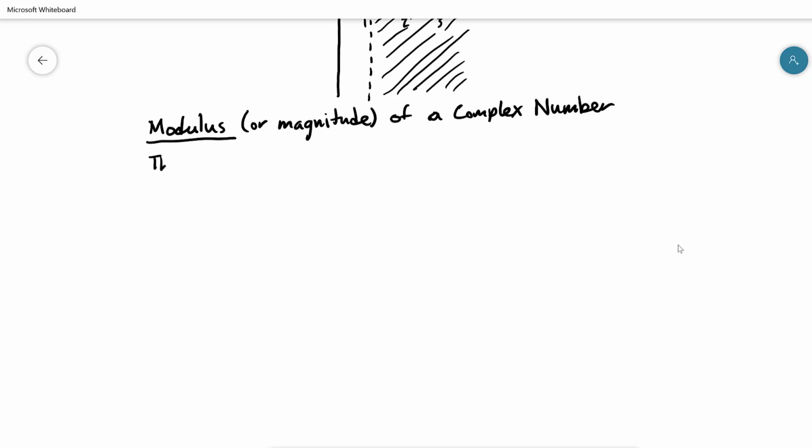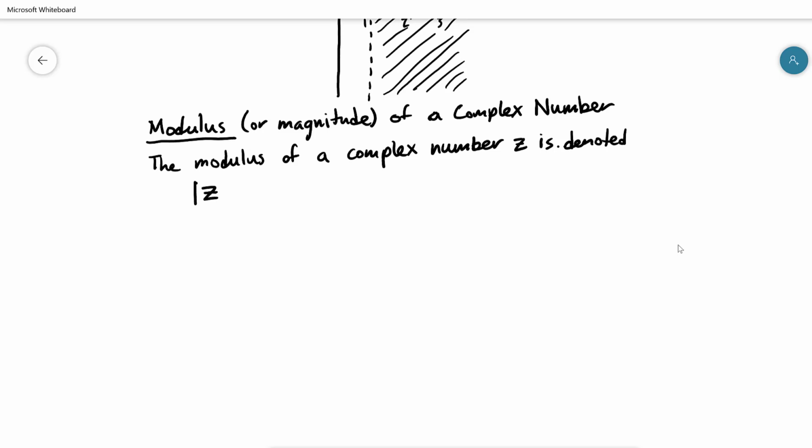So the modulus of a complex number z is denoted one of the following ways.